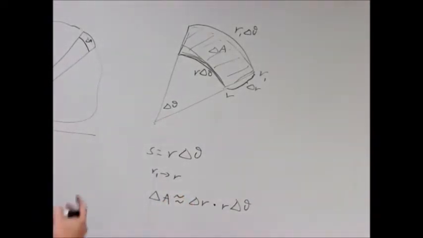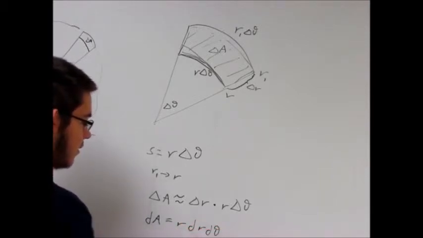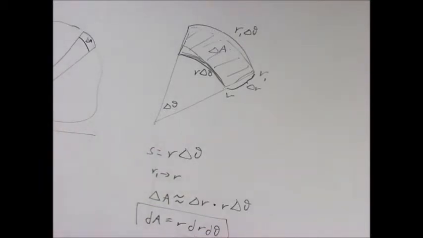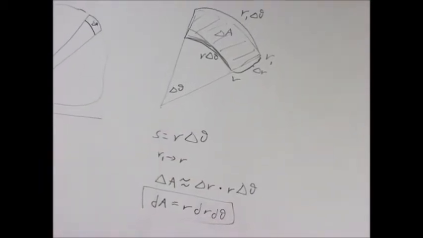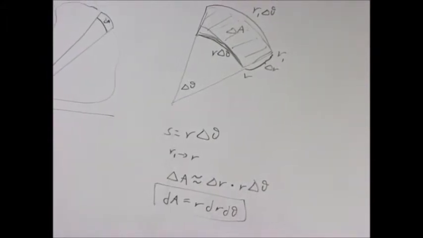But as we get smaller and smaller, it will be a better and better approximation until we finally get dA at the infinitesimal level equals r dr d theta. So basically, this is your area component in polar coordinates.